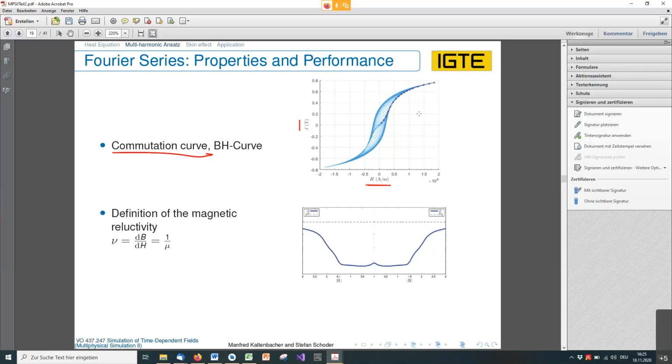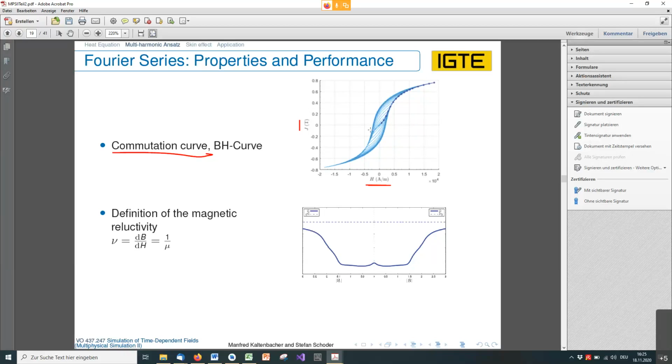I personally have no idea how much is lost due to commutation and how much is lost due to eddy currents. But probably you can ask Klaus in the exercises if he has any idea how much contribution we have from the commutation losses and how much from the eddy current losses.